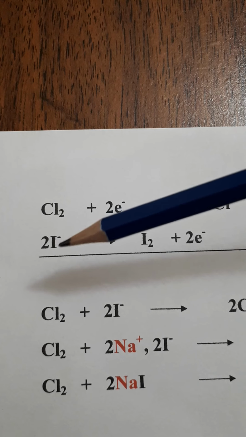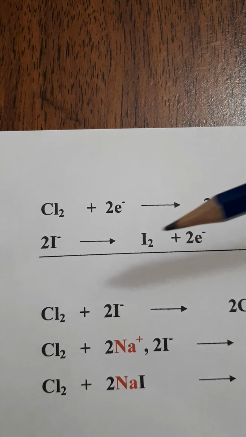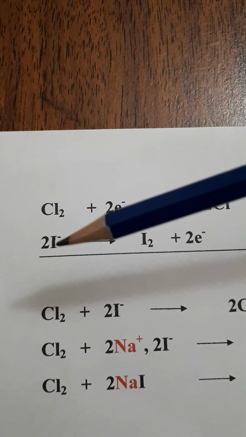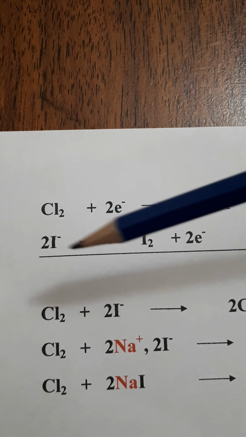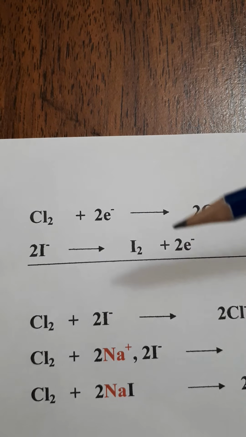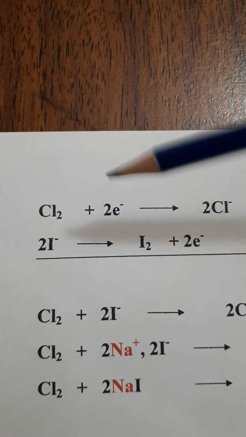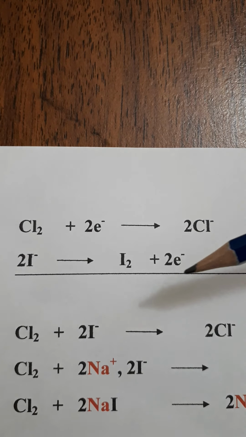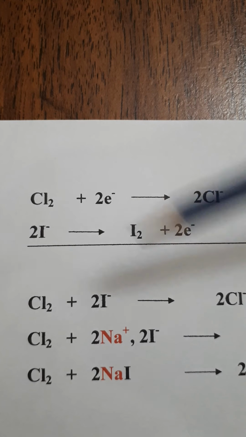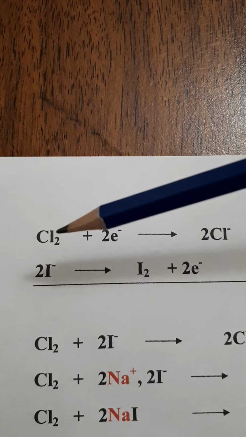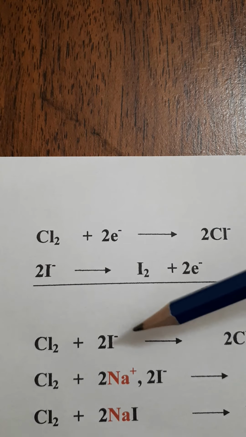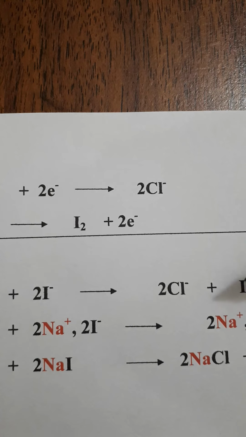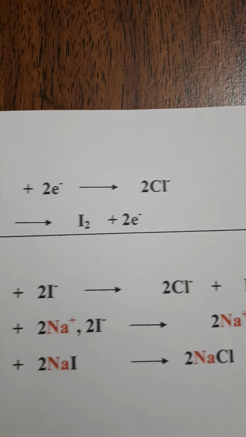So 2 iodide ions gave out 2 electrons, and after giving out their electrons, they became just 2 atoms. So they join together to make I2. If you add these two, you can see one person giving out electron, one person accepting electron. So electrons will cancel. So Cl2 plus 2I minus gives you 2Cl minus plus I2. That's our net ionic reaction.